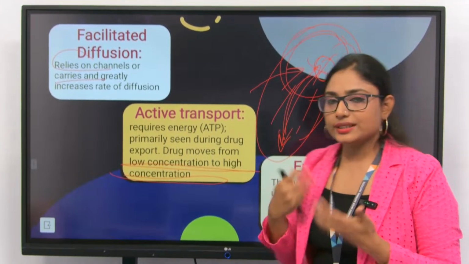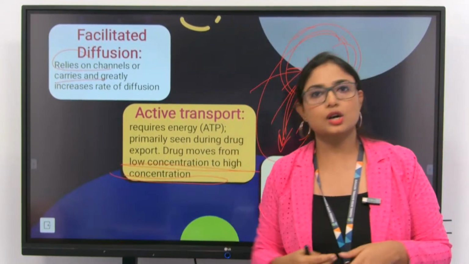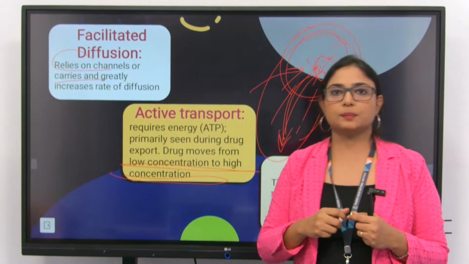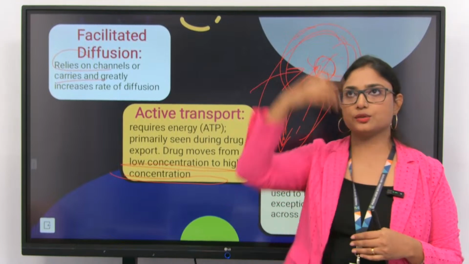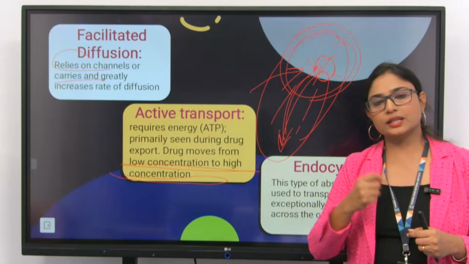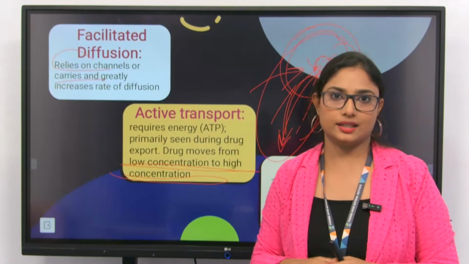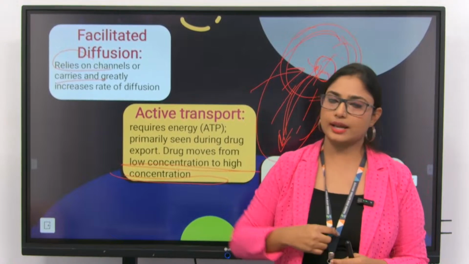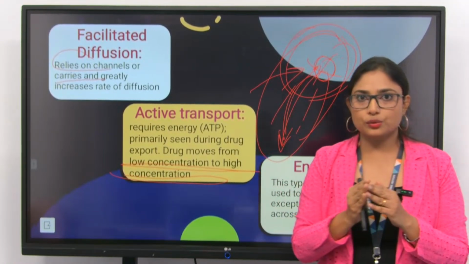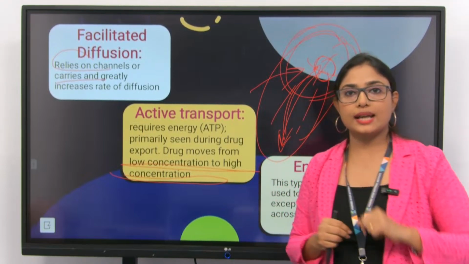Without external energy, how can the drug move from lower to higher concentration? Suppose I need to pass a ball from the lower side to the upper side to my friend. How will the ball move by itself? No. I need to provide external energy. Either I throw the ball or kick the ball, isn't it? Same thing, for a drug to move from lower to higher concentration, we need to provide energy.